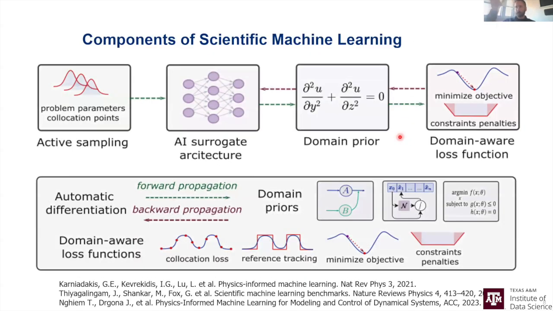So when you look at all of these different modalities in the scientific machine learning ecosystem, you may abstract four basic components of any scientific machine learning methodology. And the first component is some sort of active sampling or data acquisition, whether it is sampling collocation points in parametric space or hypercube sampling, or it's excitation of the system to obtain some time series model or response of the system to a signal.